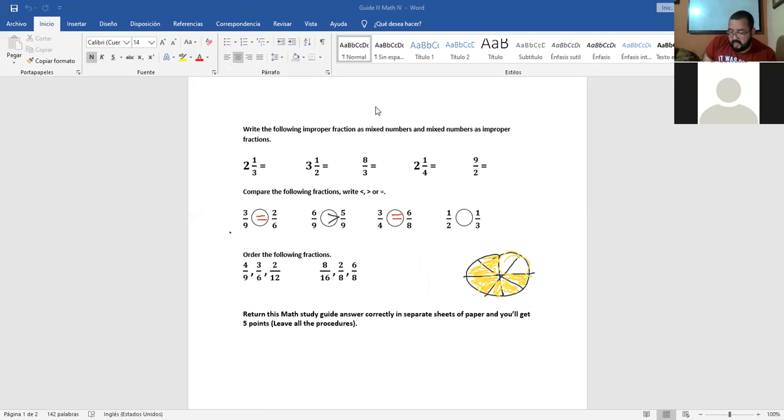Okay? I am going to erase and I'm going to do the last one. That is this exercise. 2/3, 1/3, 1/2, and 1/3. Let me draw the rectangle. Rectangles need to be the same size, okay? So the first one, we're going to divide it in two parts.